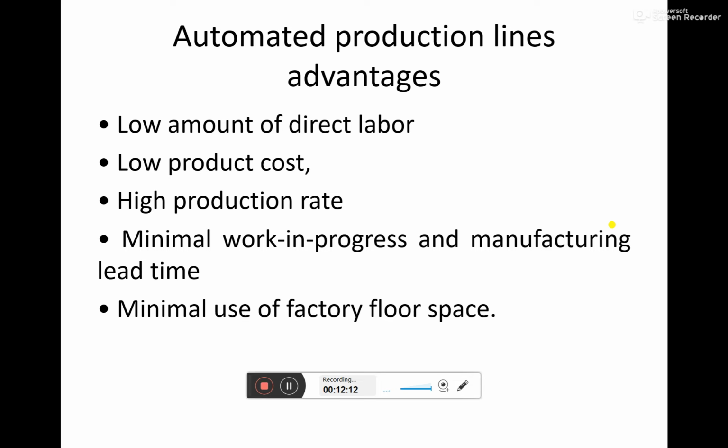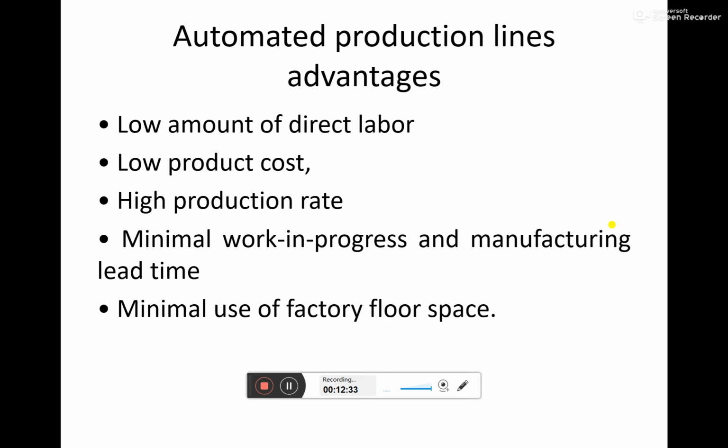Okay. And production rate: wherever there is high demand for your product and high production rates are required, as already mentioned, these automated production lines are very suitable. And also minimal work in progress and manufacturing lead time.